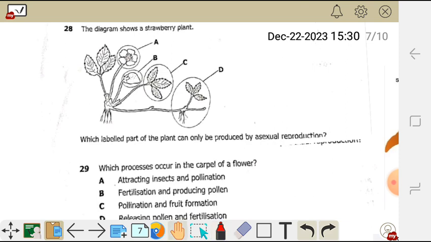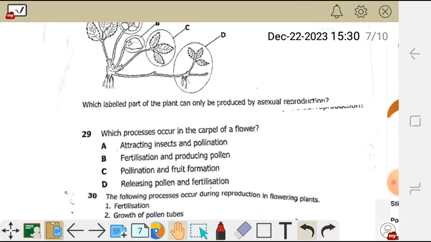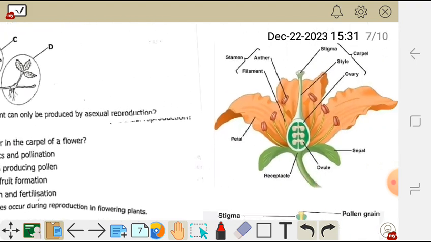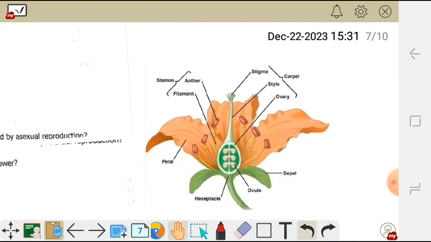Question 29. Which process occurs in the carpel of a plant? To answer this question, we must know what a carpel is. A carpel in a flowering plant is the female part, which involves the stigma, the style, and the ovary.